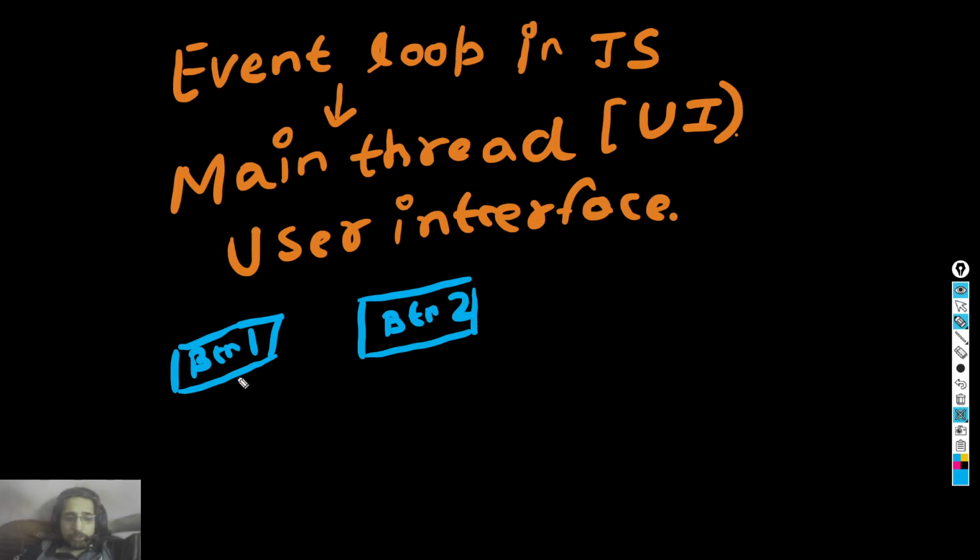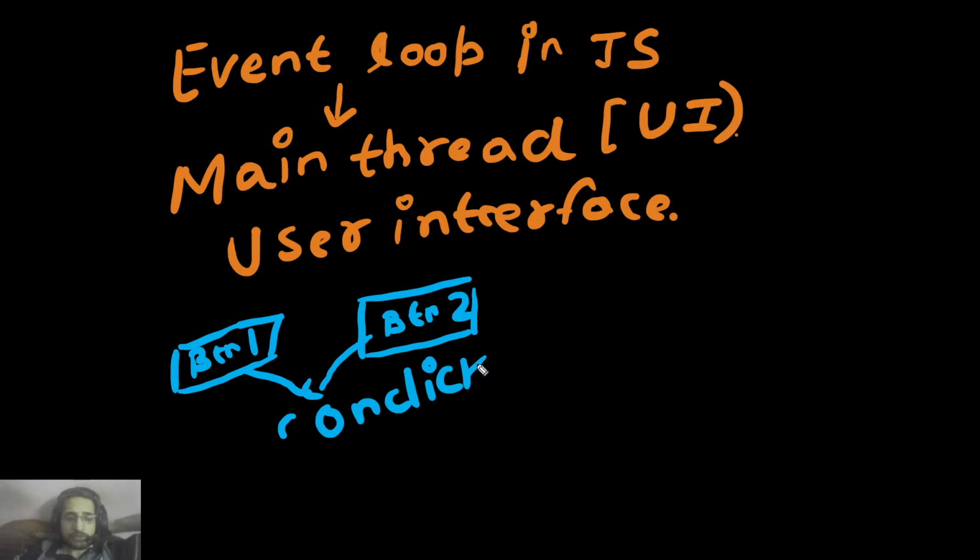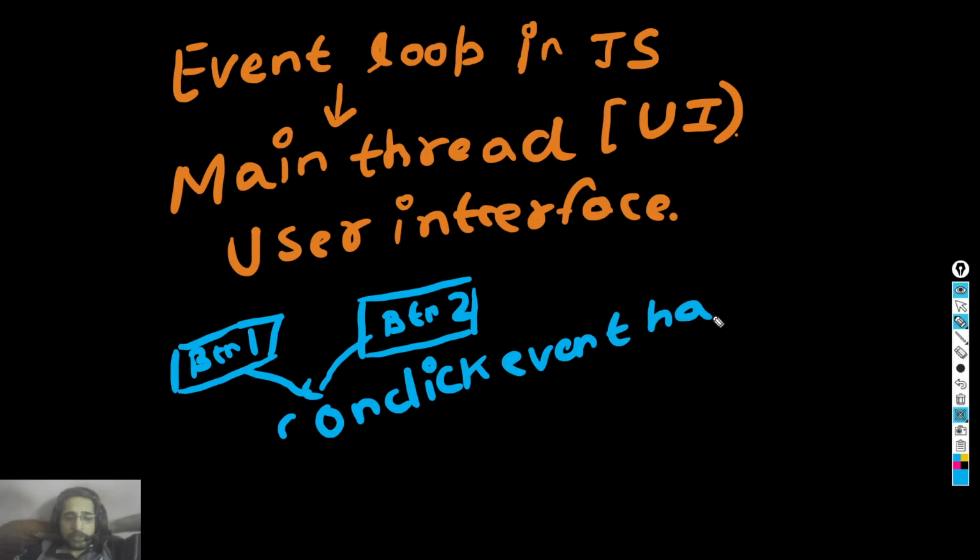For both of these buttons we have attached the on-click event handler. Whenever you click your buttons, it will execute some kind of function. In this way, the main thread will not be interrupted and your application will run smoothly.